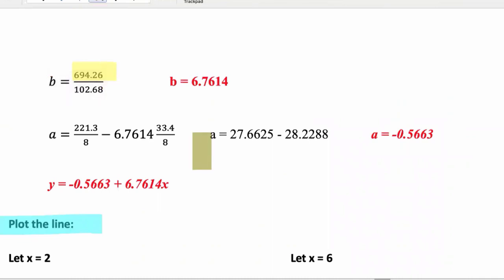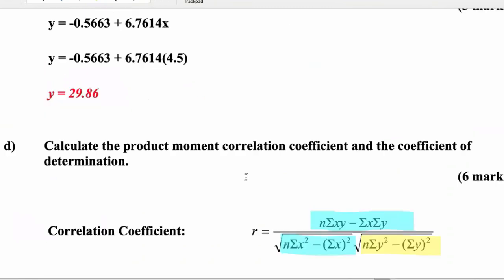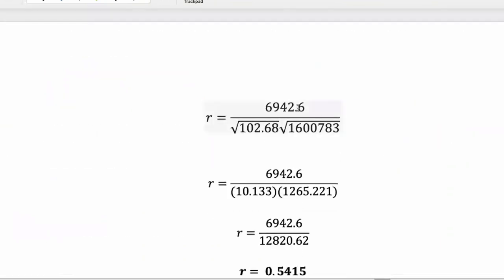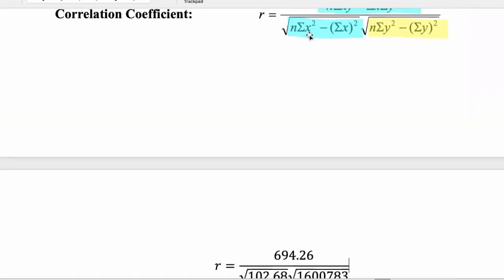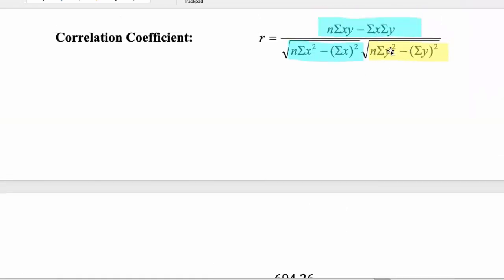That's my top line for B. This is my bottom line for B, and that's going to be now my top line for r and my bottom left in the formula for r. So 694.26. The bottom part of the formula for B was 102.68, and it features here because this is identical to B, and this is new.